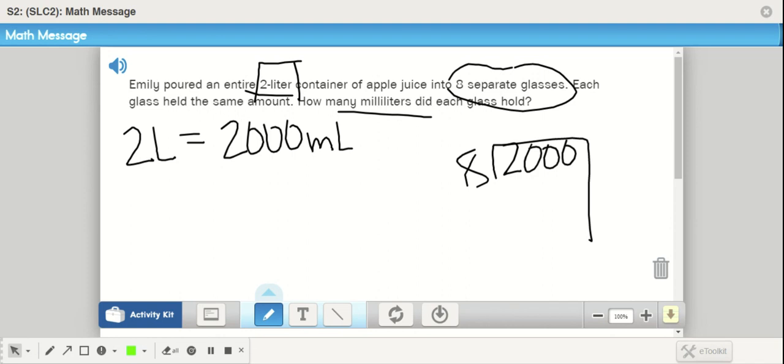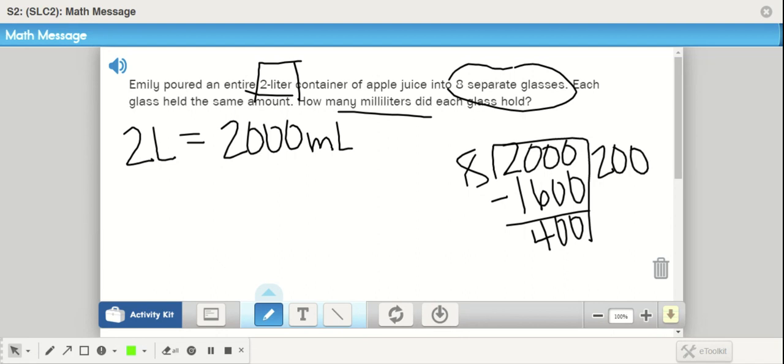So we want to make a big jump here, and I'm going to go 8 times 100. So 8 times 100 would get me 800. So that gets me a lot closer, but 800 is still quite a bit smaller than 2,000. So I'm going to make another jump, and I'm going to go to 200. 8 times 200 gets me 1,600, and I like that. So I'm going to subtract that, and I'm left with 400.